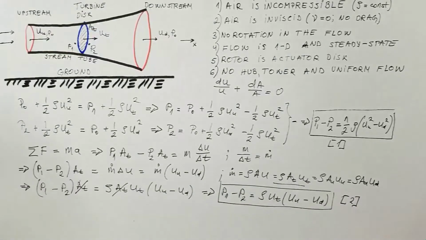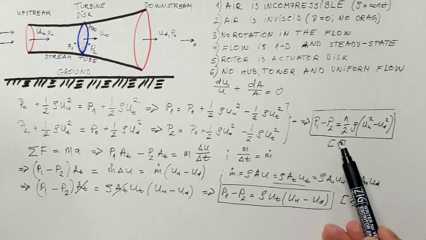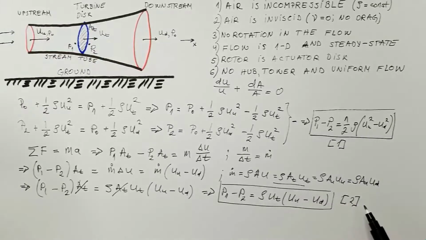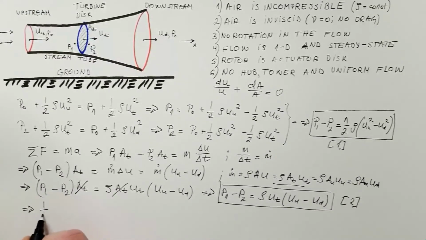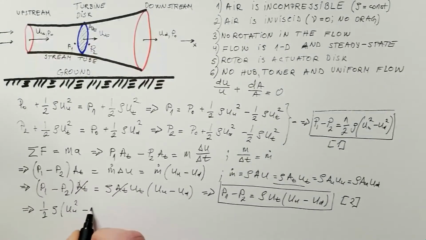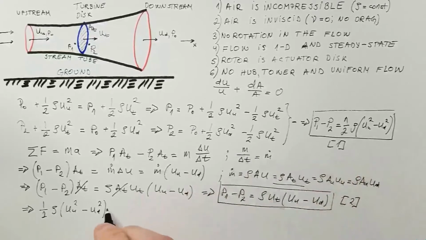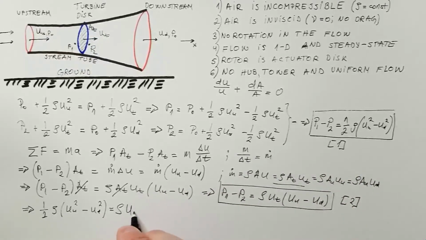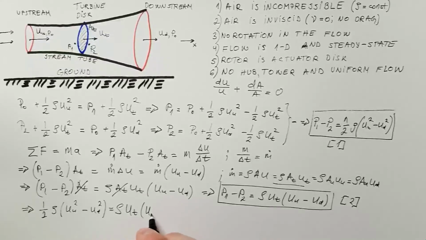Now notice the beauty here. I can combine equation 1 and equation 2 to get 1 over 2 rho times U upstream squared minus U downstream squared, which is this, is equal to this right hand side, rho UT times UU minus UD.